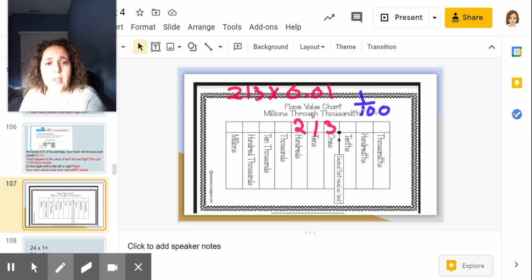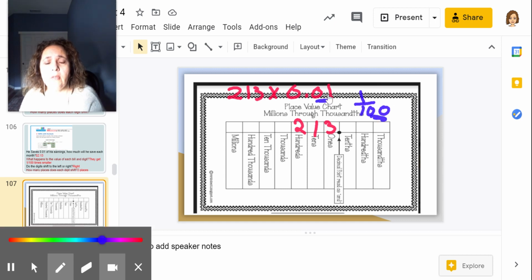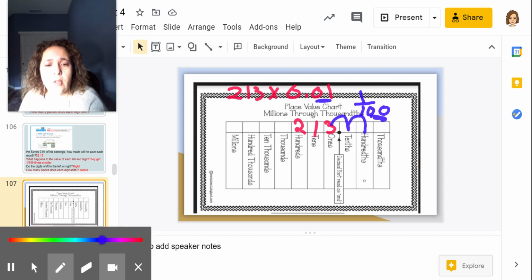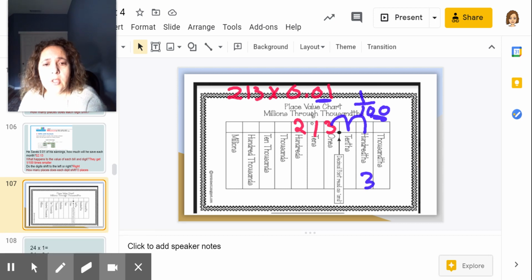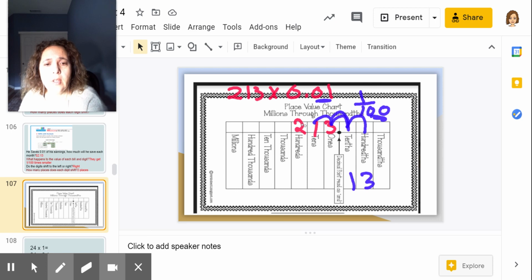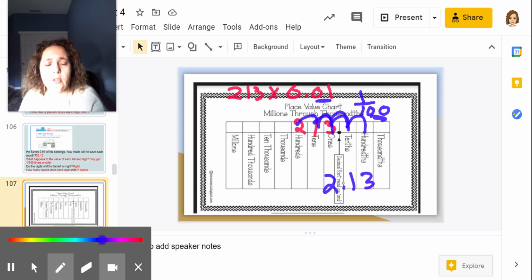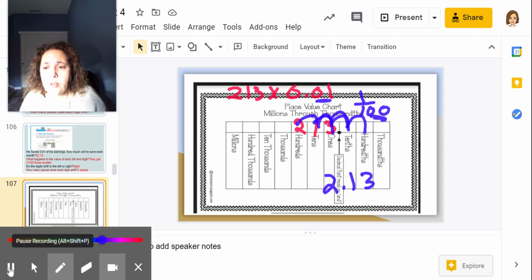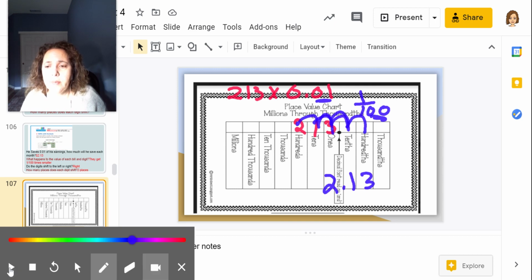You have two place values, so everything's going to shift 2. So the 3 is going to shift 1, 2. The 3 is going to go here. The 1's going to shift 1, 2. The 1's going to go there. And the 2 shifted twice. So it's $2.13. 2 and 13 hundredths, right? That's what it looks like on the place value chart.